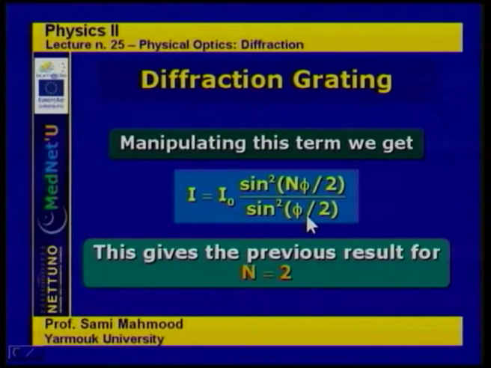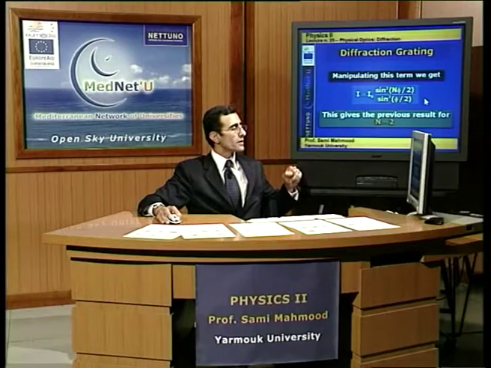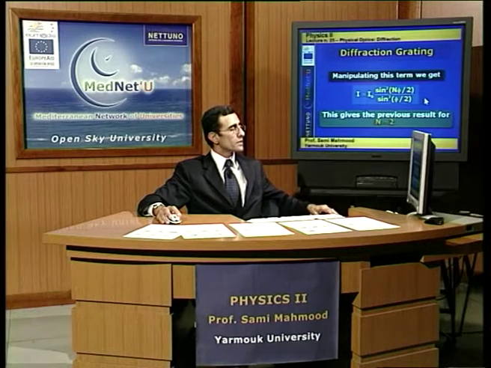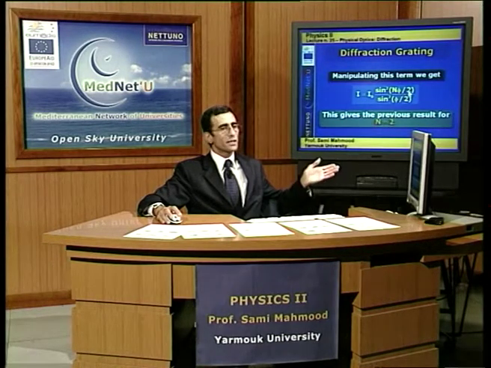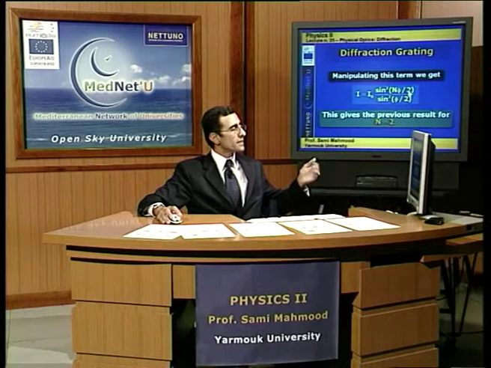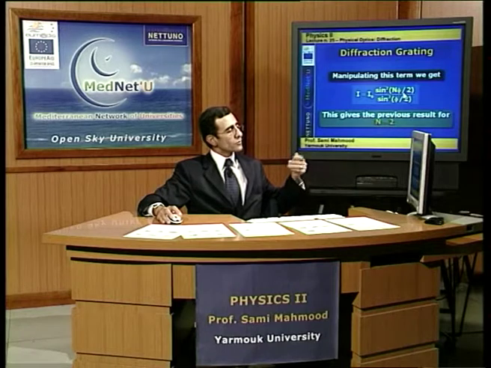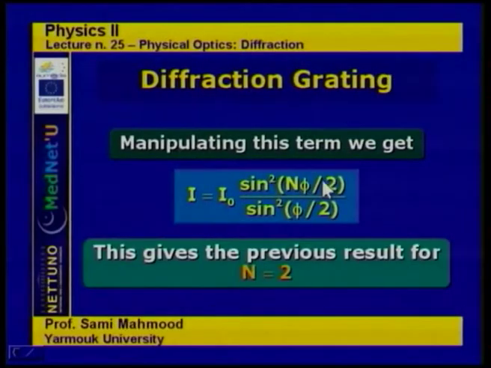And now this gives the right intensity, as in the case of Young's double slit, because phi is kd sine theta, and at the location of the maxima, we have to use L'Hopital's theorem, deriving the numerator and the denominator twice.